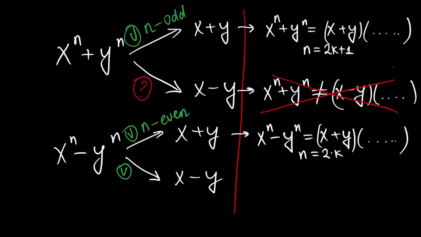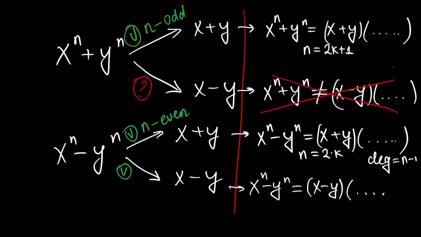And of course here, the degree of this polynomial must be n minus 1. We know it from previous tutorials. And in the last case, x to the power n minus y to the power n, for even and odd n, is always equal to x minus y times some polynomial of degree n minus 1.